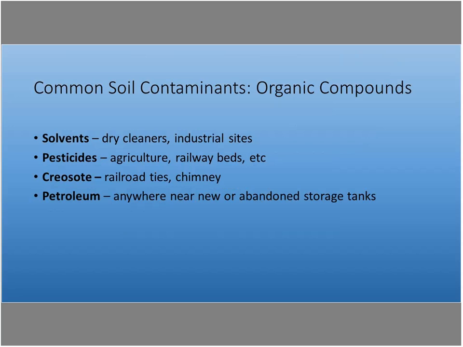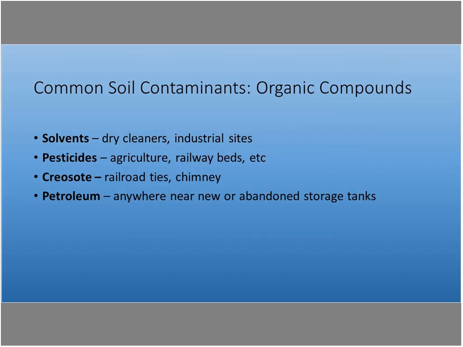We'll talk about organic compounds for a second. They're not as easy to talk about as metals because they can have a whole lot of different problems that we don't understand. They have a whole variety of properties themselves and how they can move through the soils. So solvents, things that we use to dissolve, dry cleaners, industrial sites.